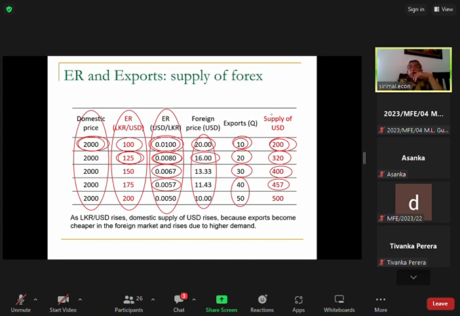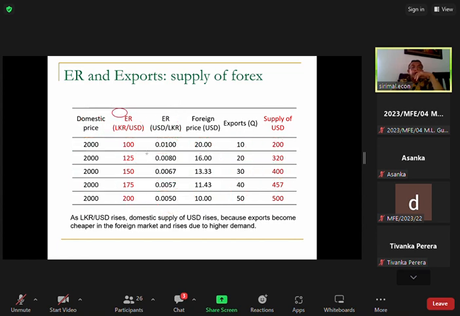Which means now when the exchange rate depreciates, we have an upward sloping supply line for foreign exchange. Upward sloping. The reason is given here why, when the depreciation happens, the domestic supply of US dollars increases, like we saw here, because exports become cheaper in the foreign market.